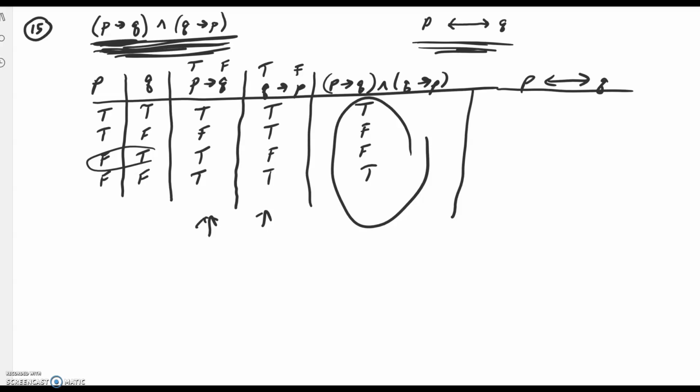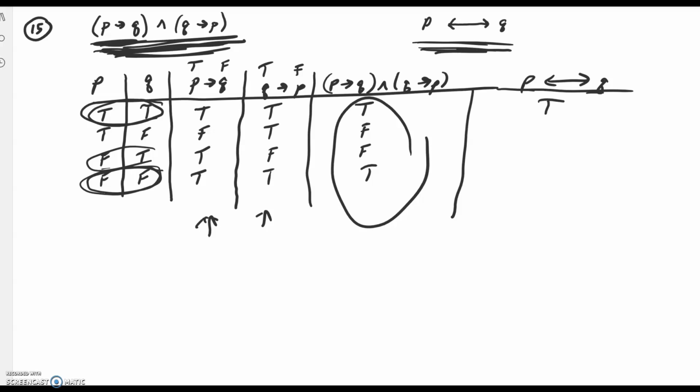But we know what this is. One thing we know is that it's this. But another thing we know is that this is true when both P and Q are the same, either false or true. So we go back to P and Q being true right here. So that means the biconditional is true.